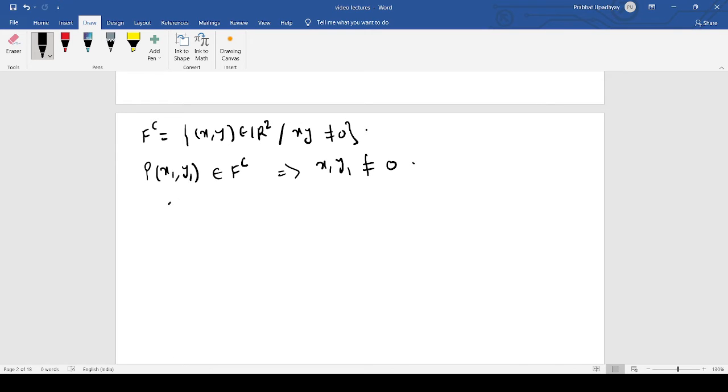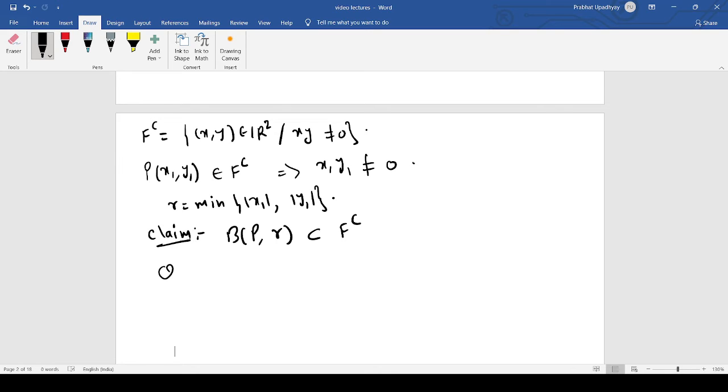And we have chosen our r as the minimum of mod x1 and mod y1. And we want to show the open ball centered at P of radius r lies totally inside f complement.